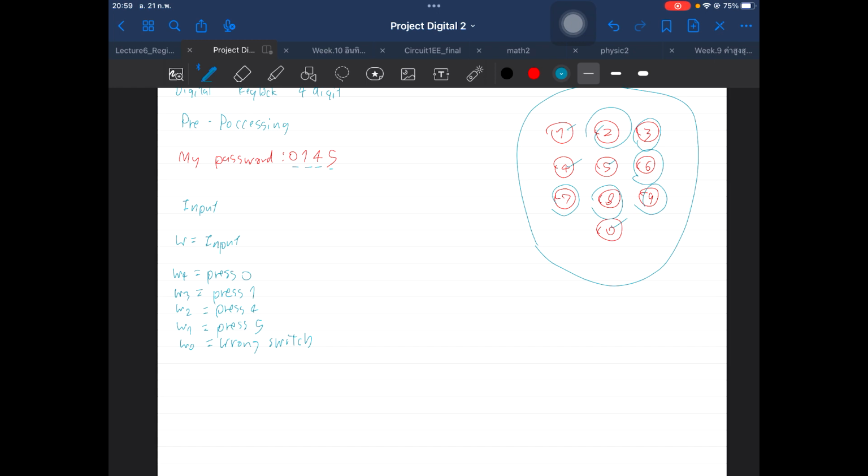And there will be a special input that lets our process go to the next stage, and its name is WR. WR is not pressed.